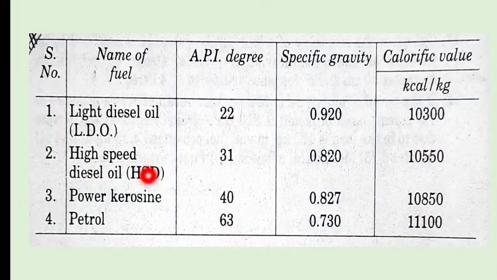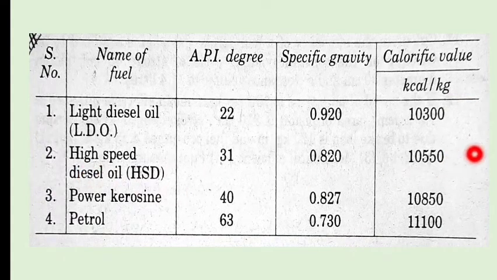Here you will find the API degree, specific gravity and calorific value of these 4 oils. First one is light diesel or low speed diesel. The API degree is 22. What the API degree is, we will discuss in the fuel characteristics video. So in light diesel oil it is 22. Specific gravity is 0.92 and calorific value is 1030 kilocalorie per kg.